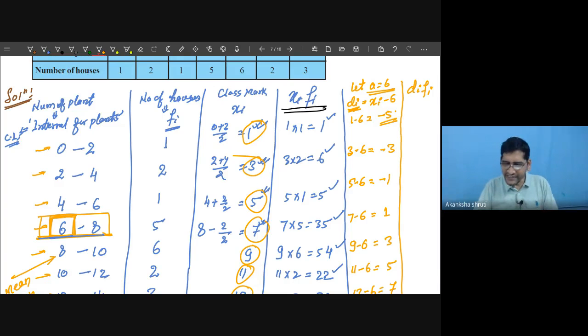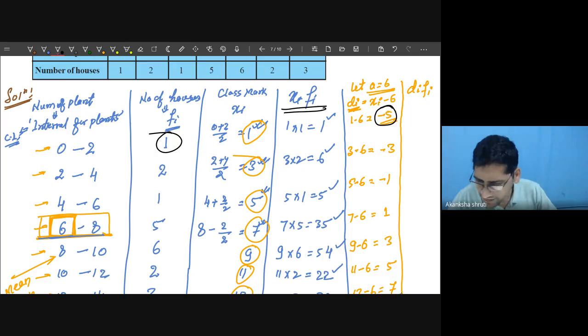So how to calculate di fi? Students, understand this carefully. Here our di for the first one is this one, and our fi is this one. The two black rounded numbers should be multiplied. So it is minus 5 into 1, which is minus 5 here.